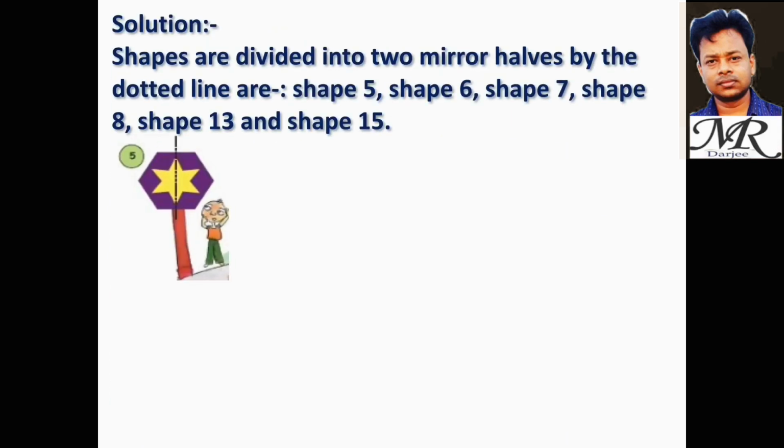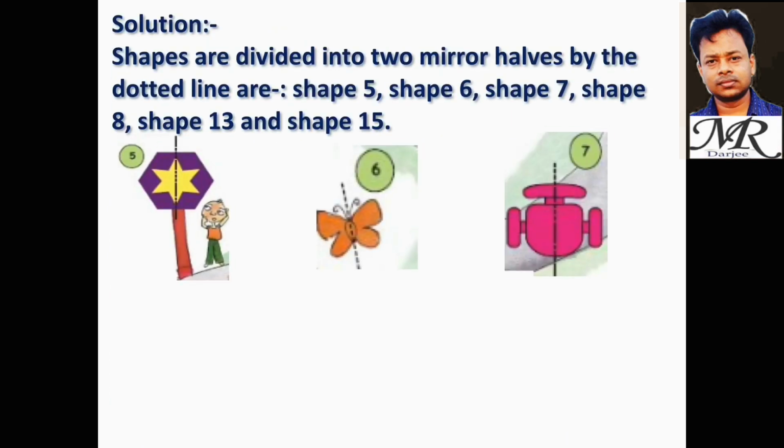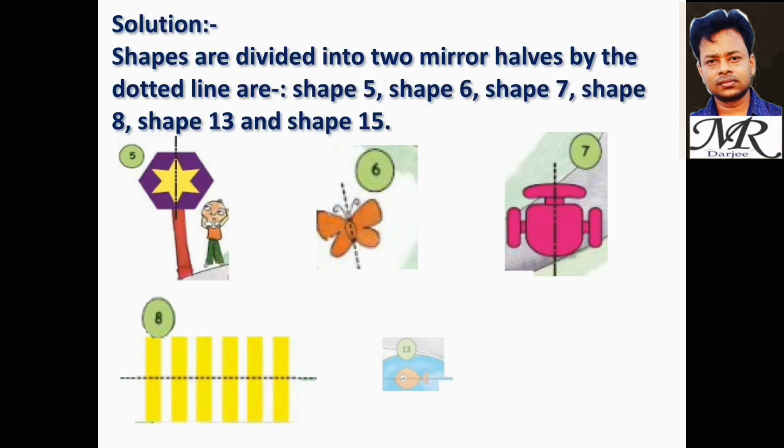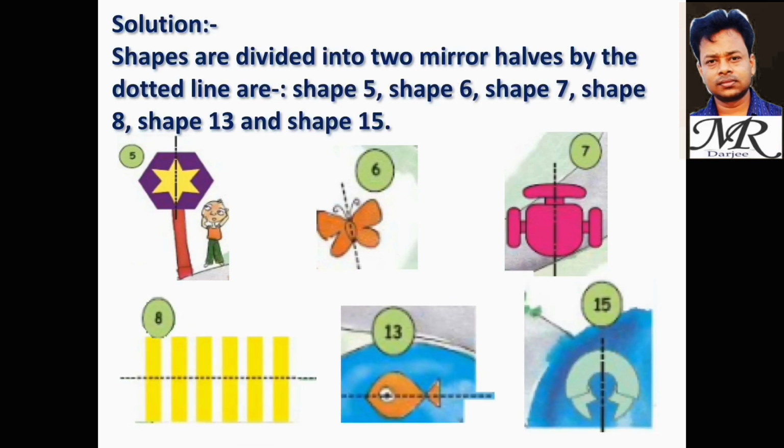Shapes divided into two mirror halves by the dotted line are shape 5, shape 6, shape 7, shape 8, shape 13 and shape 15.